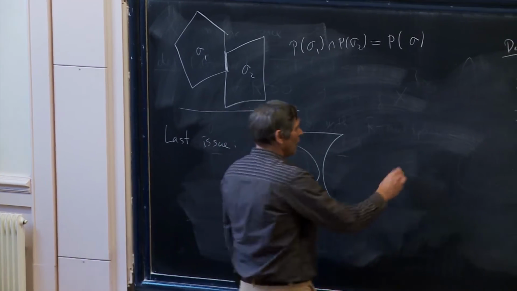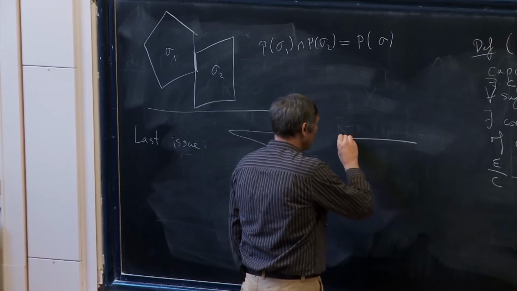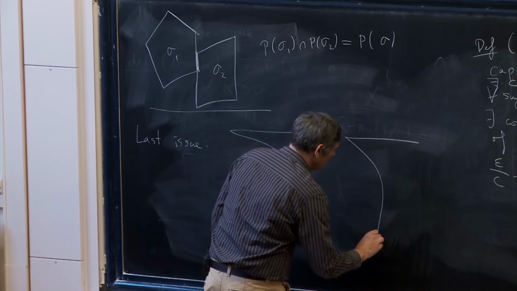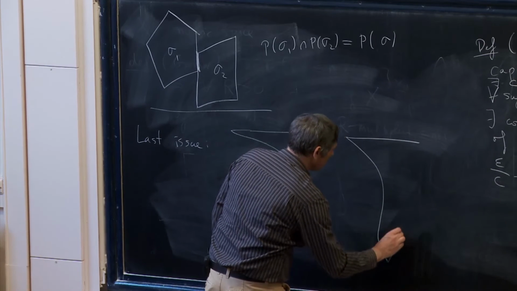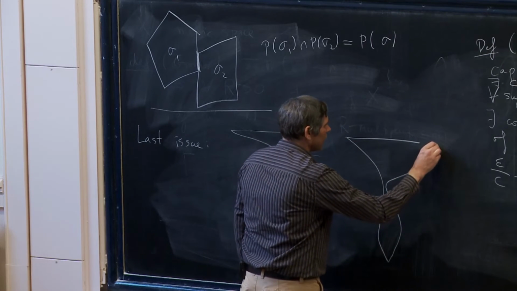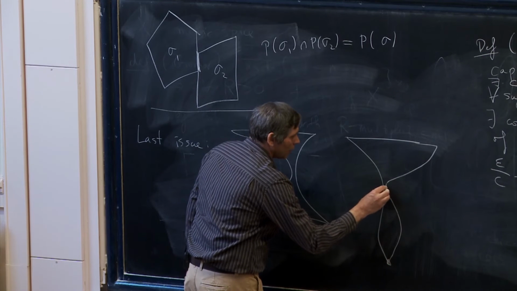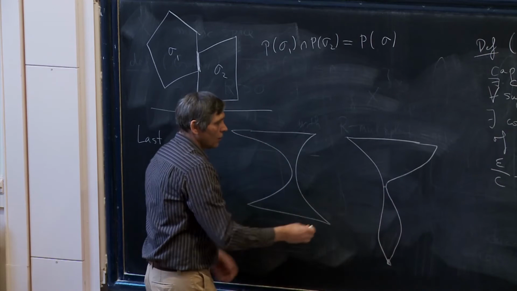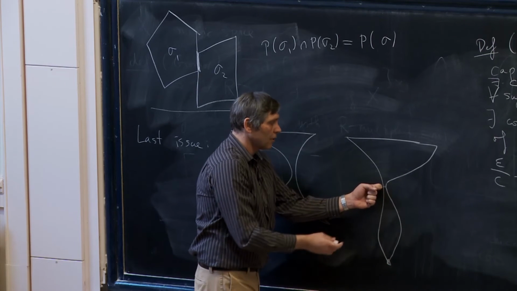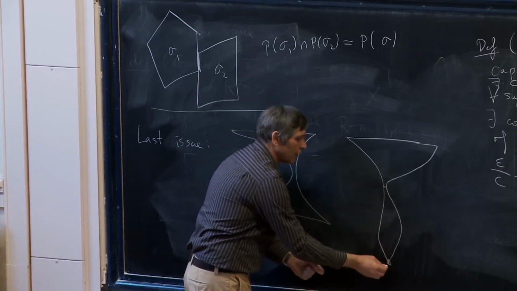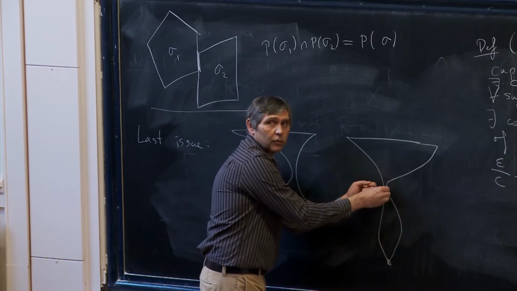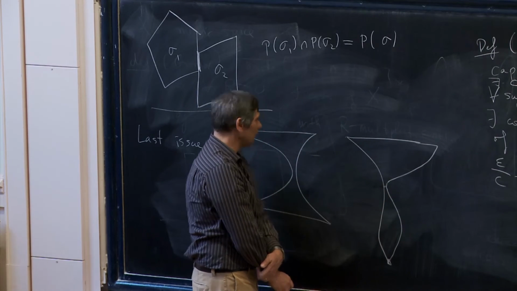Or maybe even something like this. I should draw this. Like that. So here, this is a triangle, combinatorially a triangle. But how do I know that two of the faces don't come close to a very small size? That's, of course, allowed near the vertex, but it's not allowed in the middle here. So I need to rule that out.